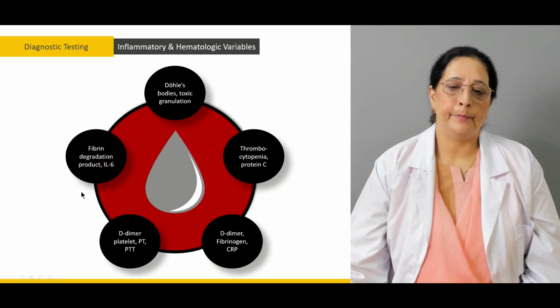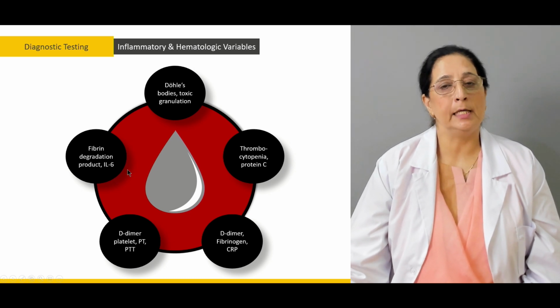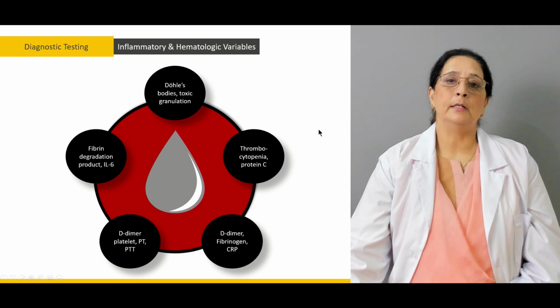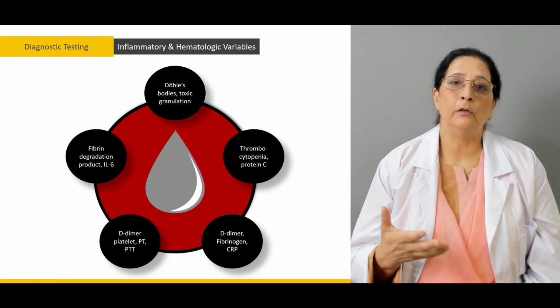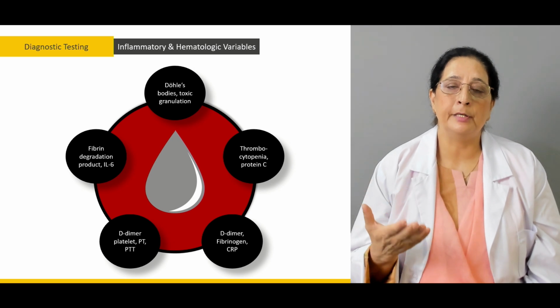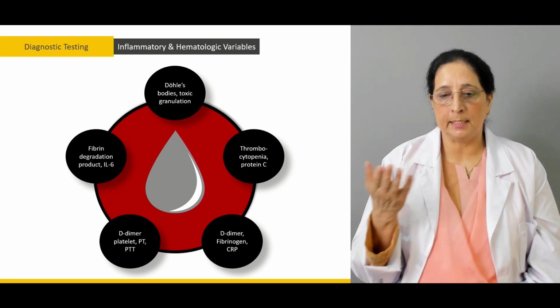And we have fibrin degradation products and interleukin 6. So these are all the important hematologic and inflammatory variables in sepsis.